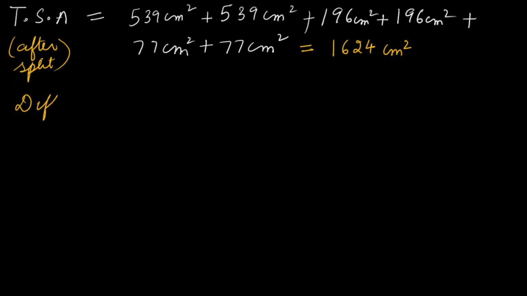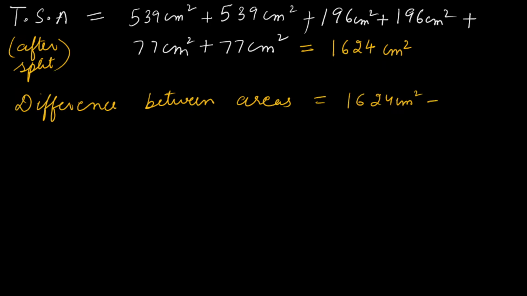So the difference between areas. 1624 centimeter square minus, so second minus first we will do, TSA, because the second one is greater.